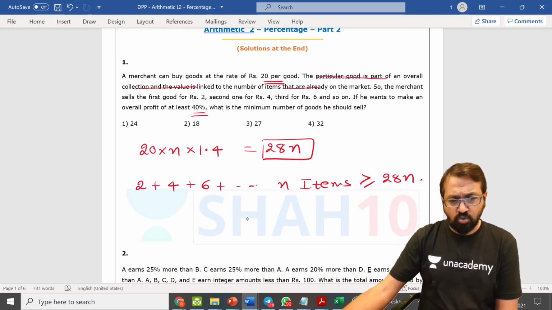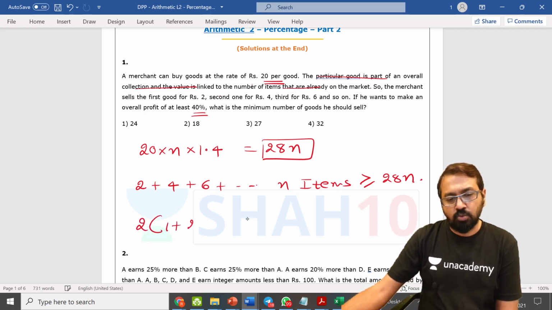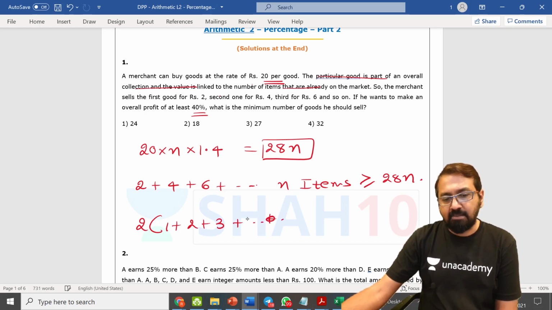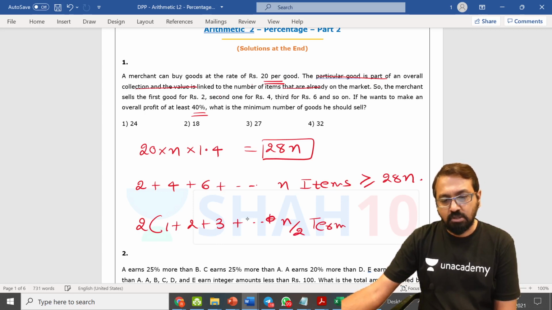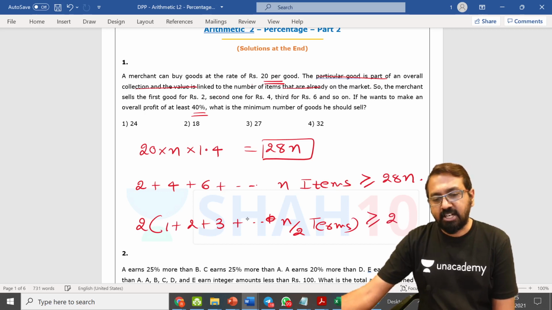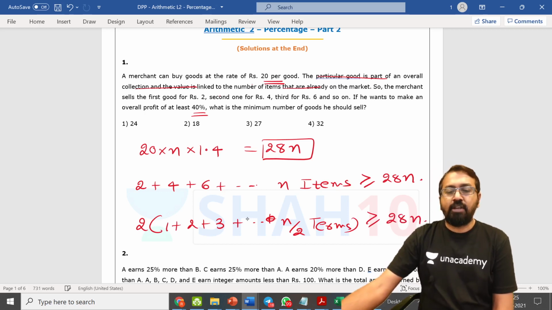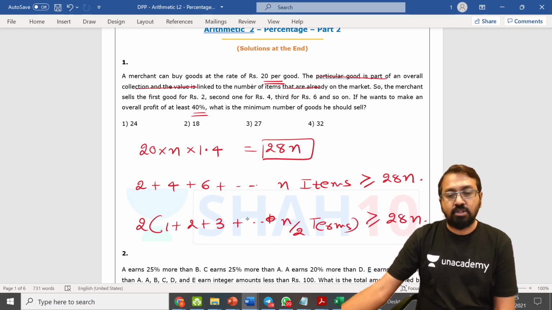So let's take out 2 as a common factor. We will get 2 times the bracket 1 plus 2 plus 3 up to n by 2 terms, and we want it to be greater than 28n. So for what value of n will it occur? That is what we need to find out.